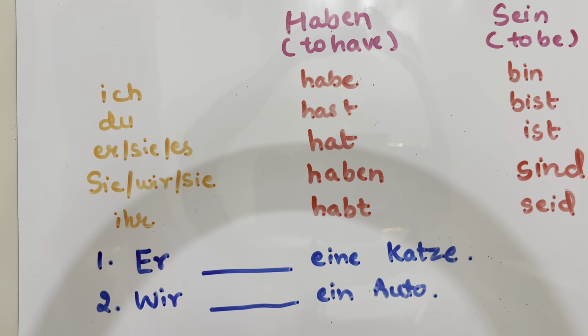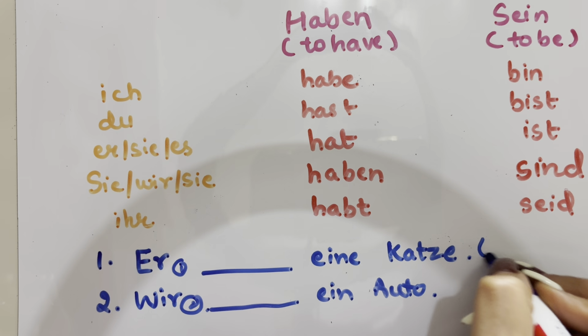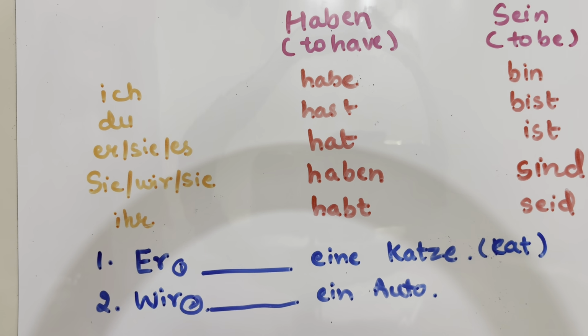Now two sentences I am giving you as a task, and you need to comment down below what will come in these blanks. So answer what's going to come in the first blank and the second blank. So the first is dash eine Katze. Katze means cat. And I can also tell you which verb is going to come here.